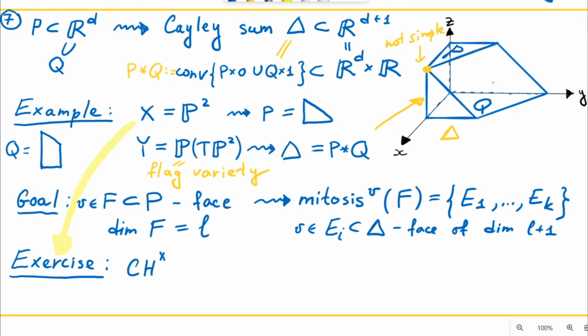And morally, this mitosis operation corresponds to the push-pull operator in the cases when our polytopes correspond to certain algebraic varieties.